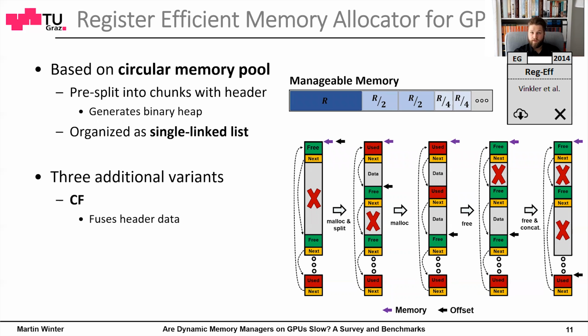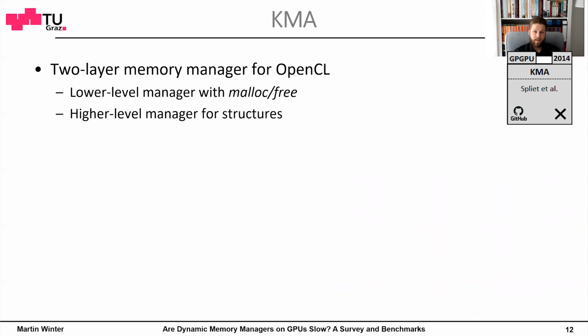3 additional variants were proposed. One fuses the header data for more efficient atomic access, another introduced one offset per multiprocessor, while the last combines both approaches into one. In the same year, Spliet and colleagues introduced KMA, a 2-layer memory manager for OpenCL, with a lower-level access interface with direct malloc and free access, and a higher-level allocator for larger structures.